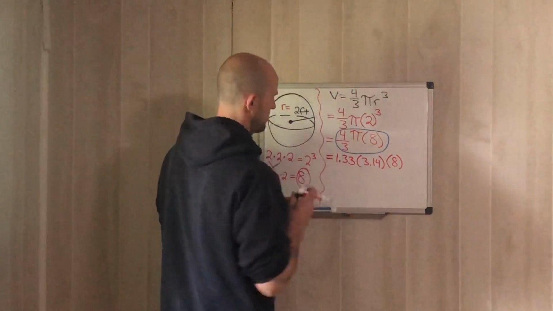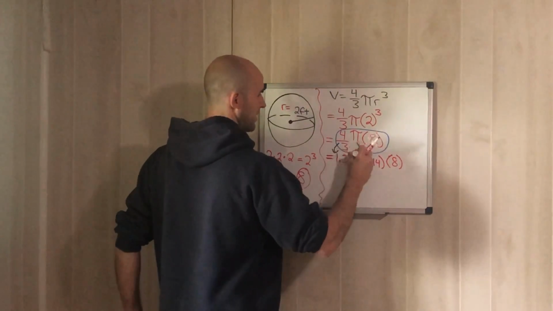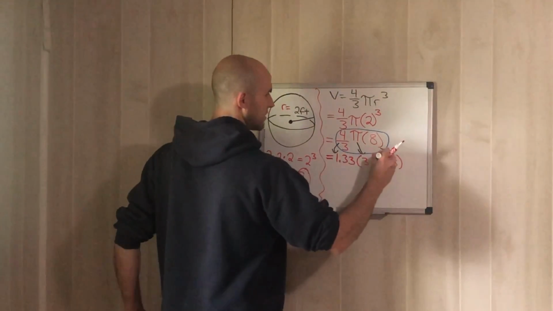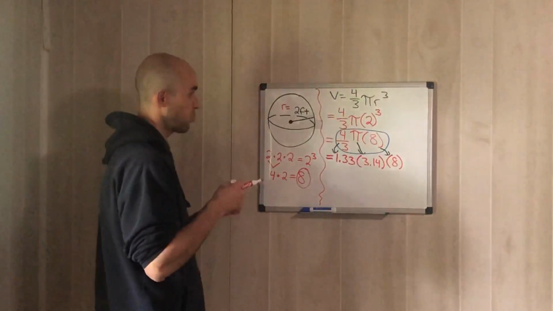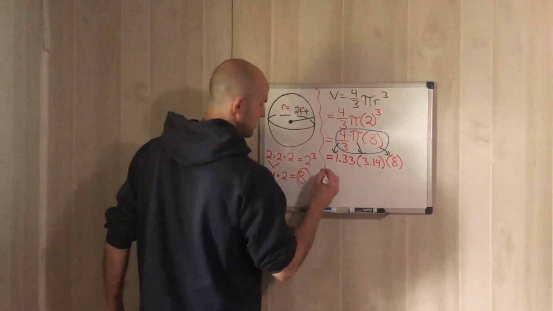So that came here, right? This came here, and then that just came down there. Because once you have this all now this way, just like we did before, it becomes so much easier.